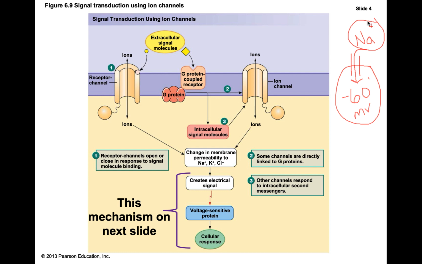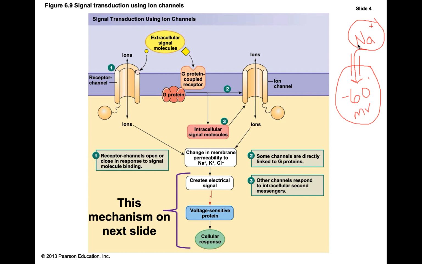If sodium has a positive charge and it's moving into the cell, what is the overall voltage of the inside of the cell going to do? Is this voltage going to go up closer to 0, or is it going to get more negative, let's say closer to negative 100, if you have positively charged sodium moving into the cell? Well, if you said that this voltage is going to rise up towards 0, you would be correct.